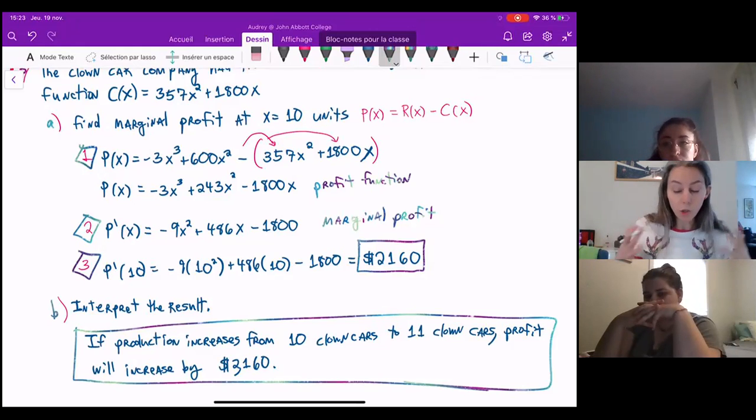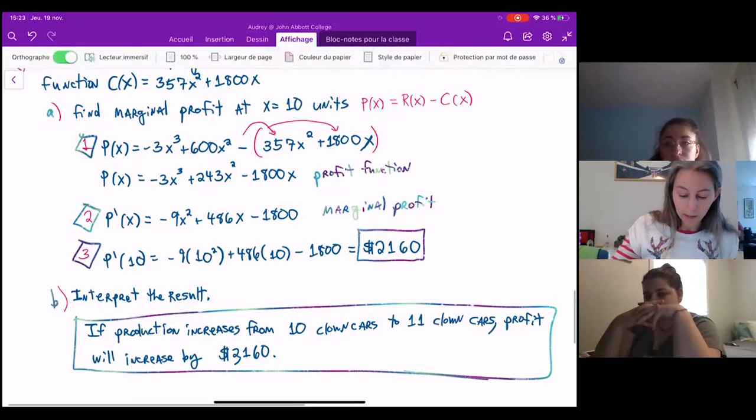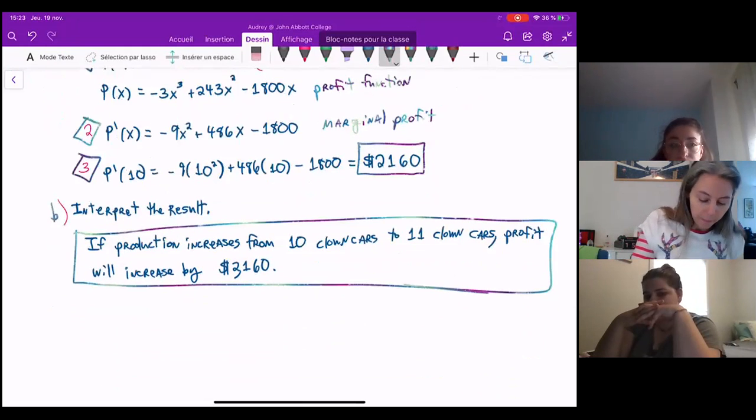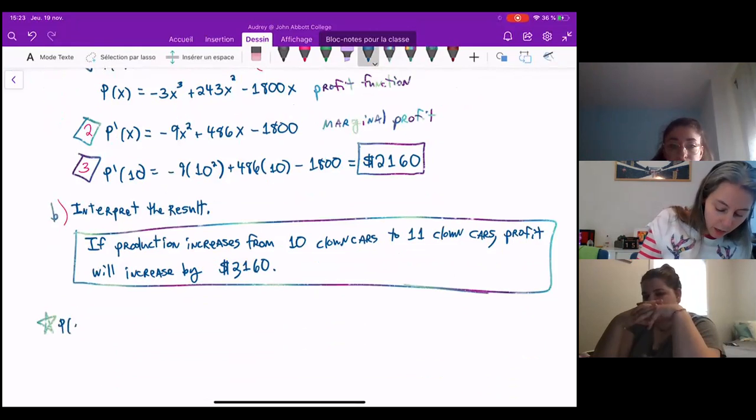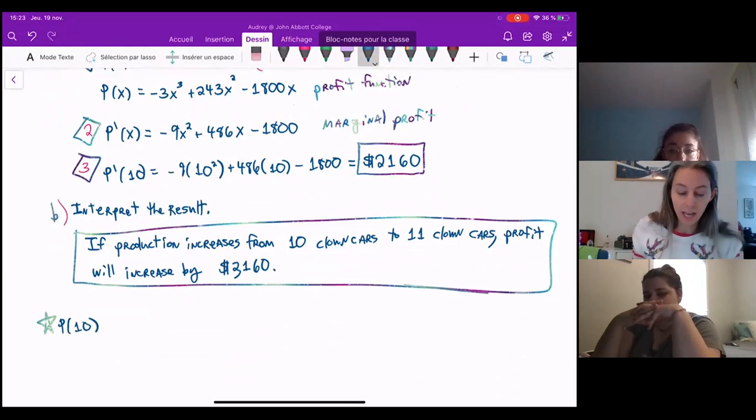Okay, so just to make sure that this is really stuck in your heads, let's think about this. Let's do profit at 10 units. That would be P of 10.